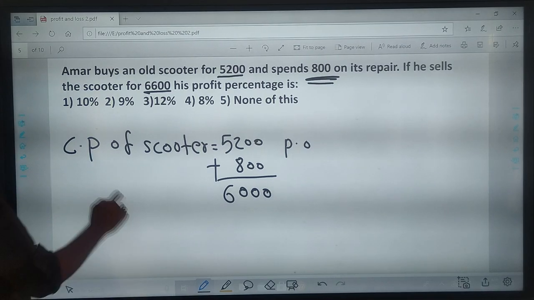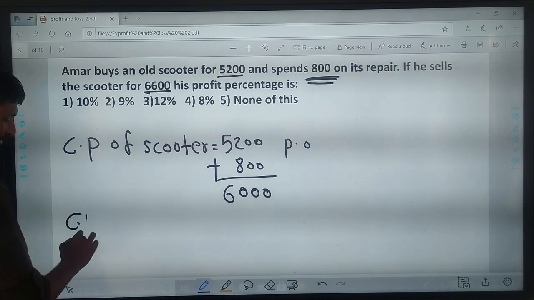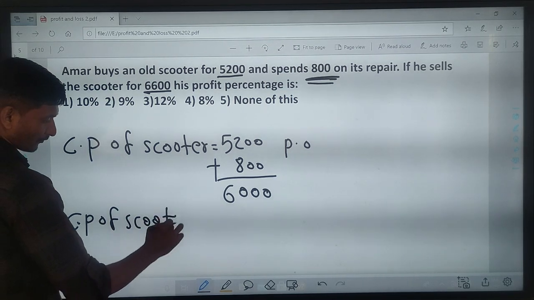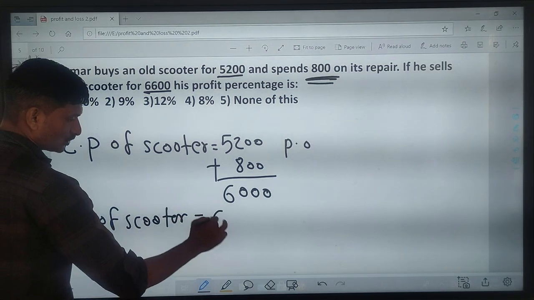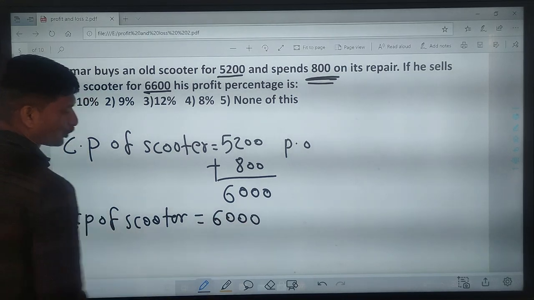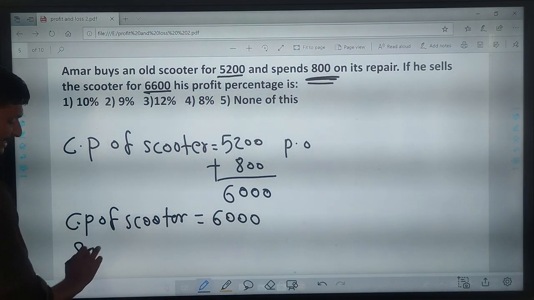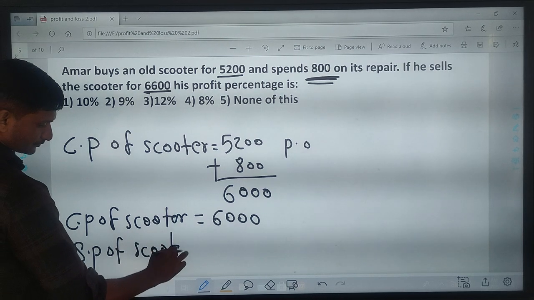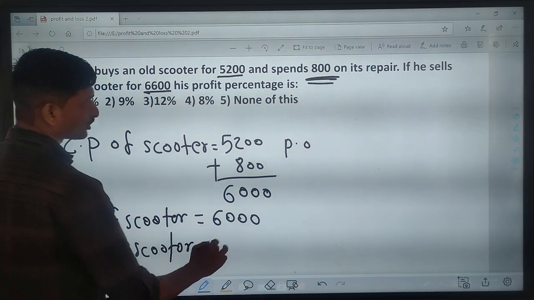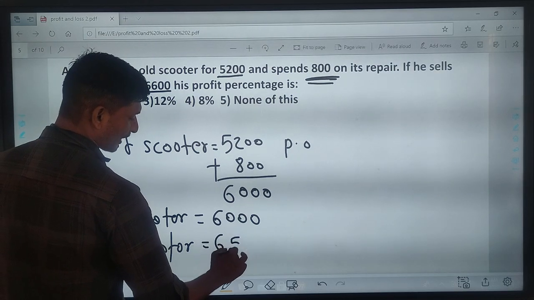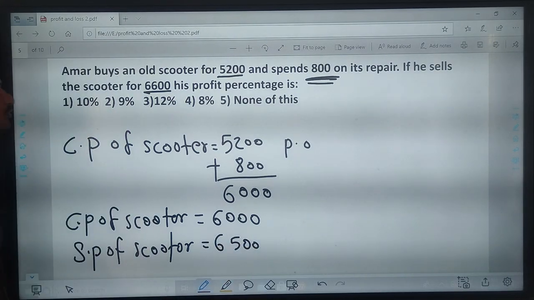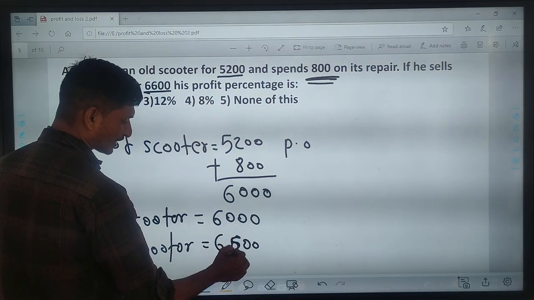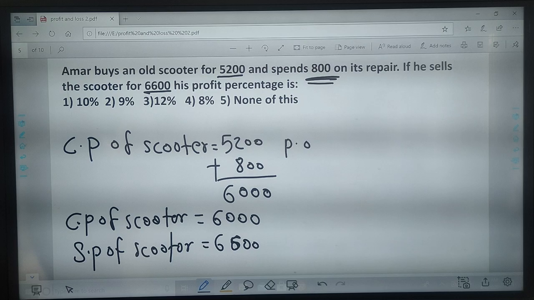Now selling price of scooter is 6,600 rupees.